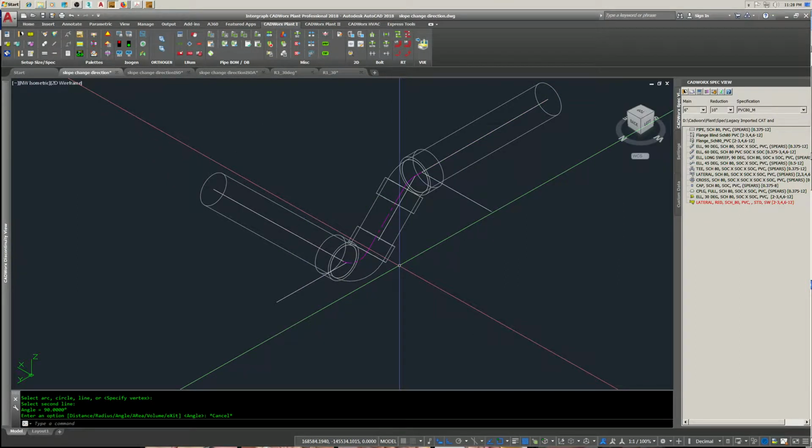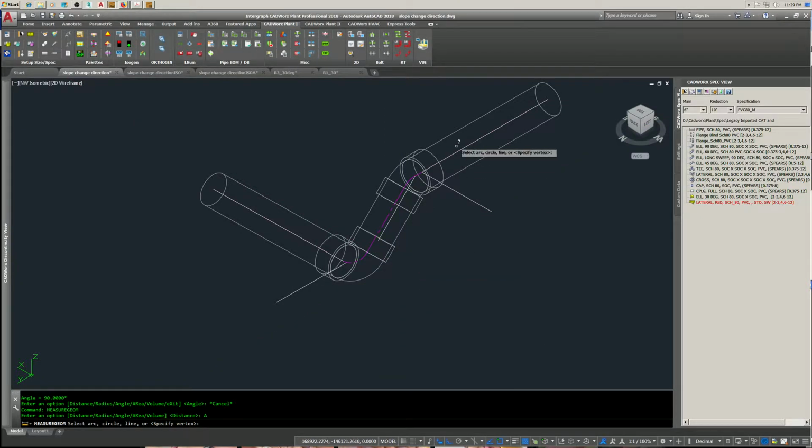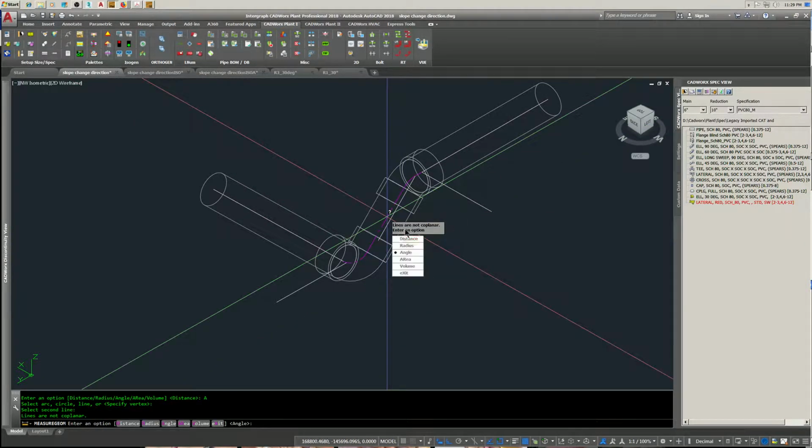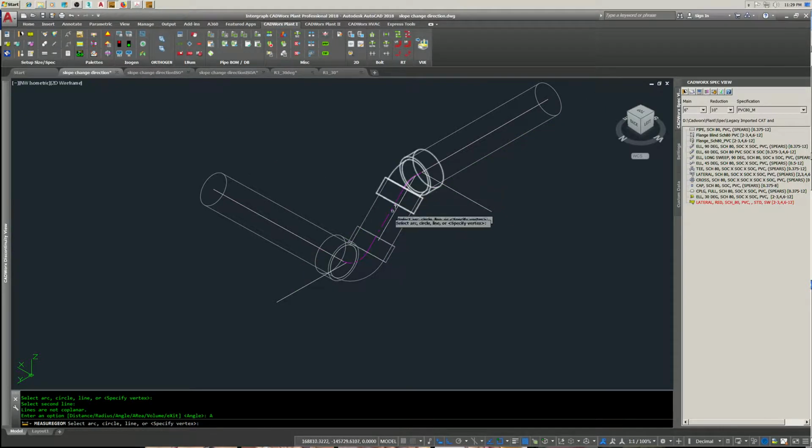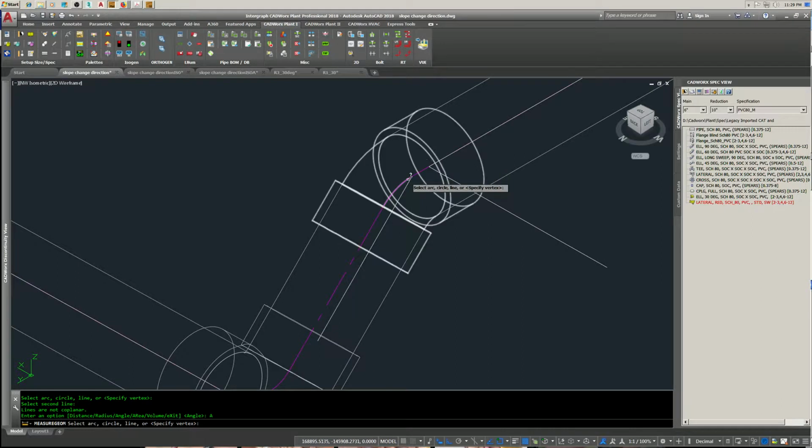Now when we use the same slope and look at the angle from this center line to this center line, we get not coplanar. The way to get around that, I found, is I drew a line down the center line and then just copied it over to that point of the center line.